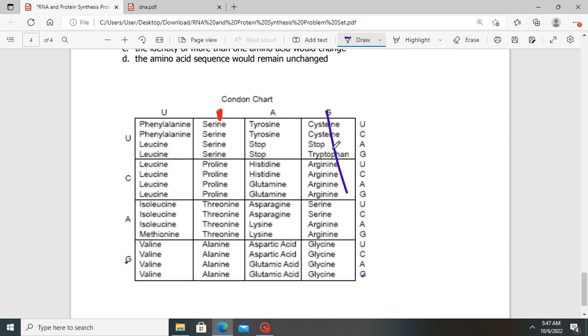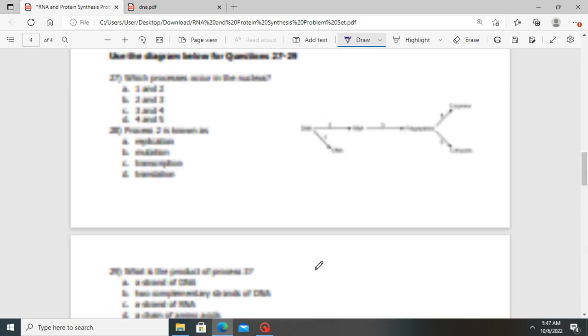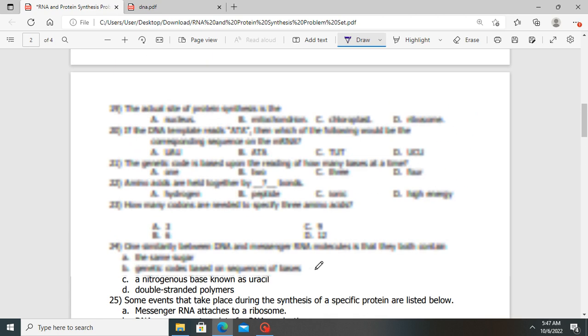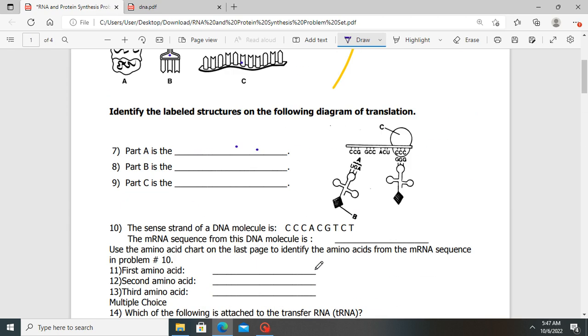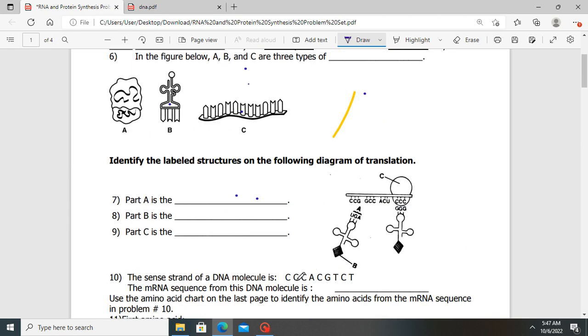So the first amino acid, which links these three, is glycine. So glycine codes for the codon GGG on the messenger RNA. The first amino acid is going to be glycine because we have GGG.